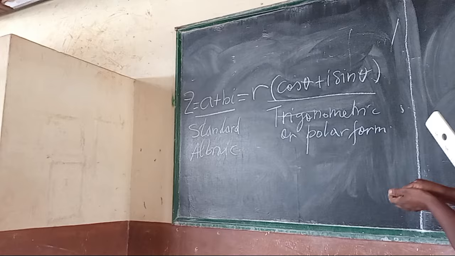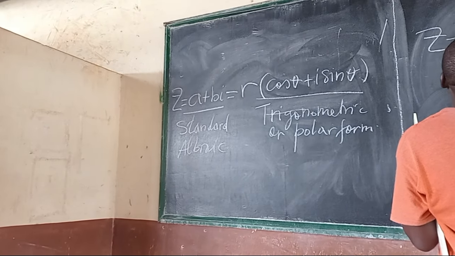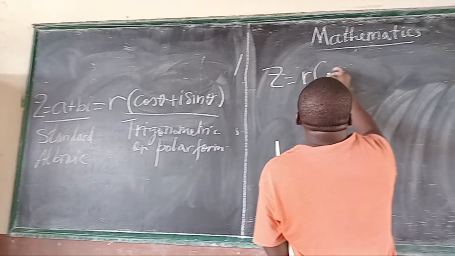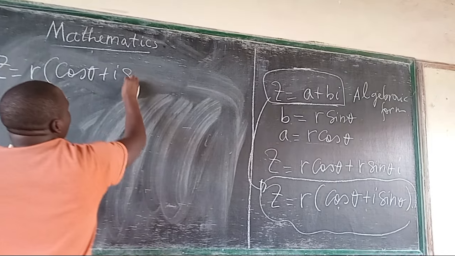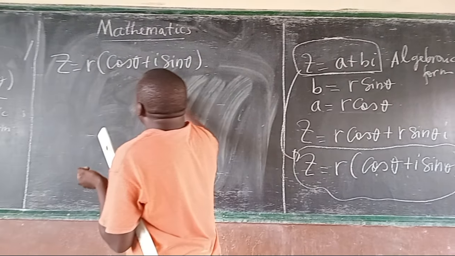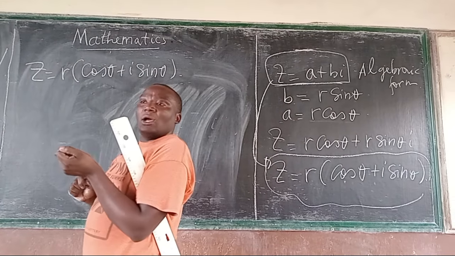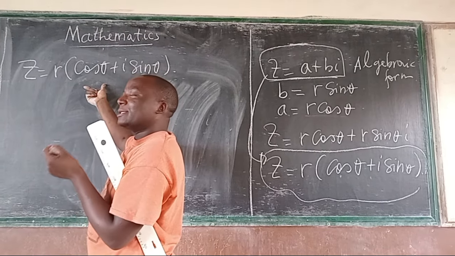We have z equal to r, the radius, times cosine of an angle theta plus i sine of an angle theta. This is a good expression of trigonometric form in complex numbers.